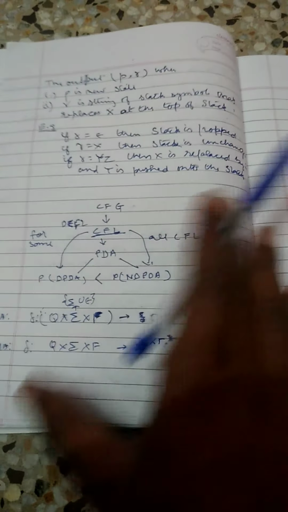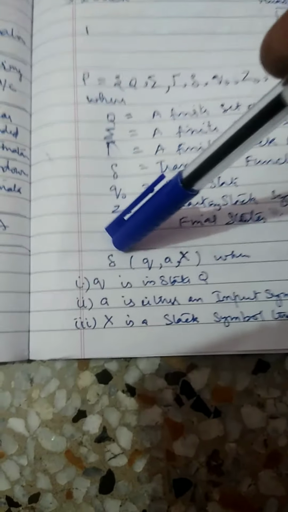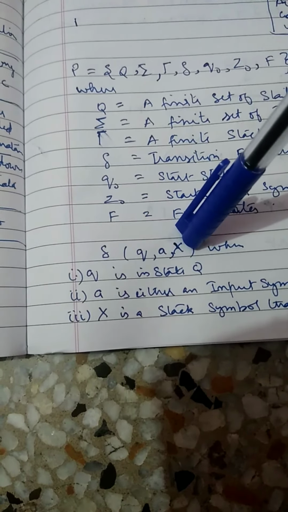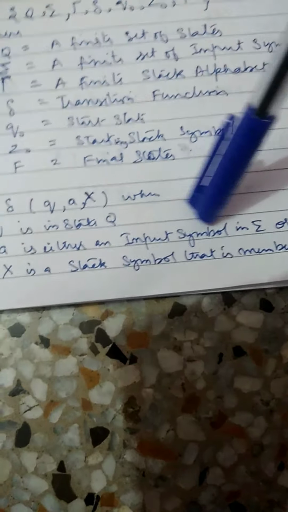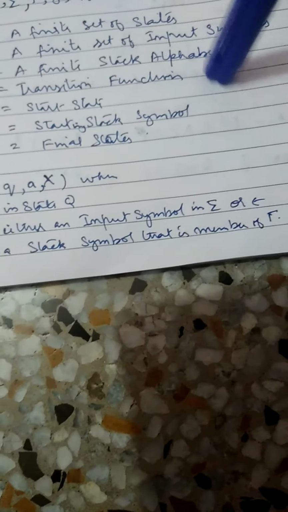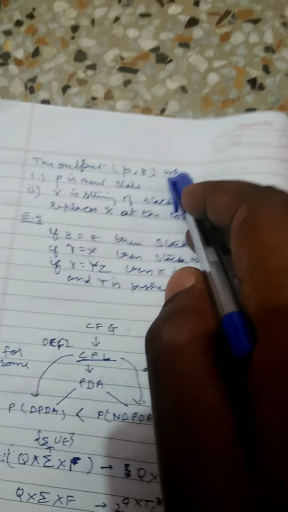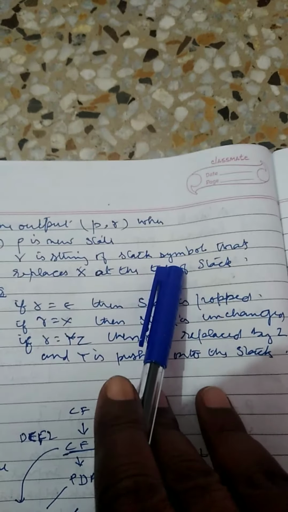So we can say, if the transition function has a triple Q, A, X, where Q is a state, A is either an input symbol in sigma or epsilon, and X is a stack symbol that is a member of tau, then the output is P, gamma, where P is the new state and gamma is a string of stack symbols that replaces X at the top of the stack.